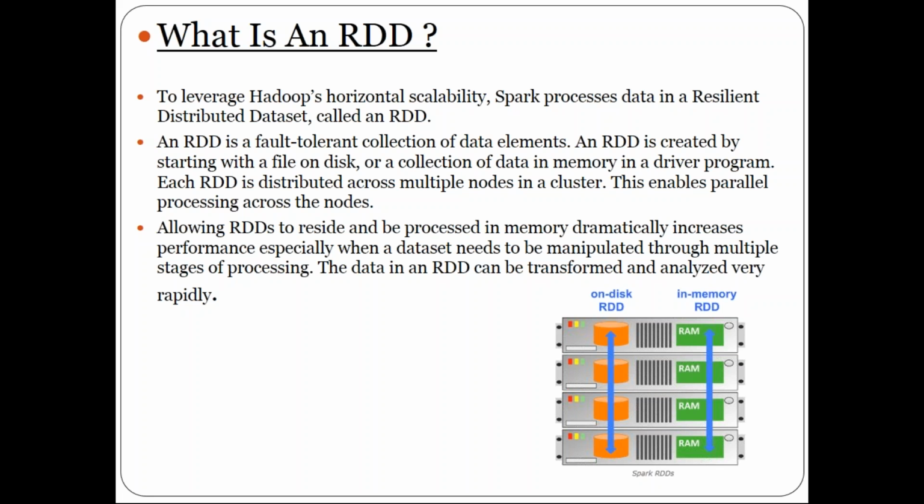How many partitions does a driver take into consideration before doing in-memory processing? These two questions I'll answer in the next slide. If you don't answer these questions, your whole Spark journey will be a confusion. So please be clear on that part. That is the reason why I specifically stressed very hard on the collection of data elements.